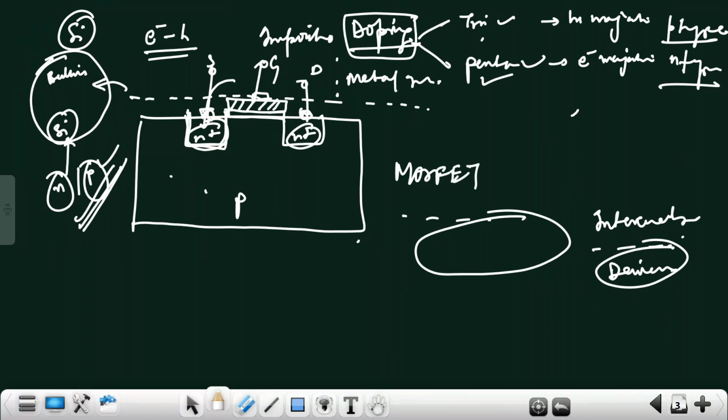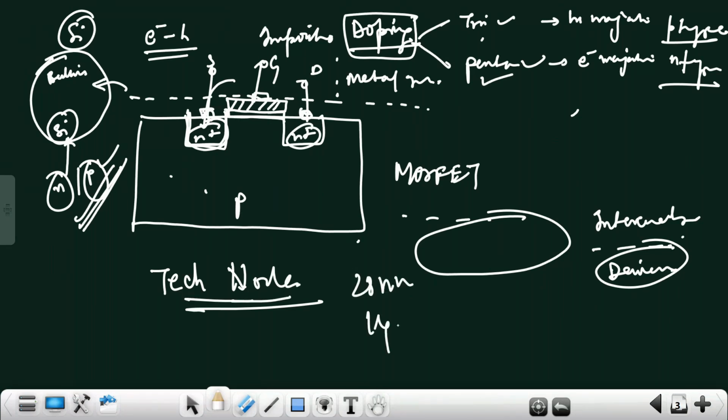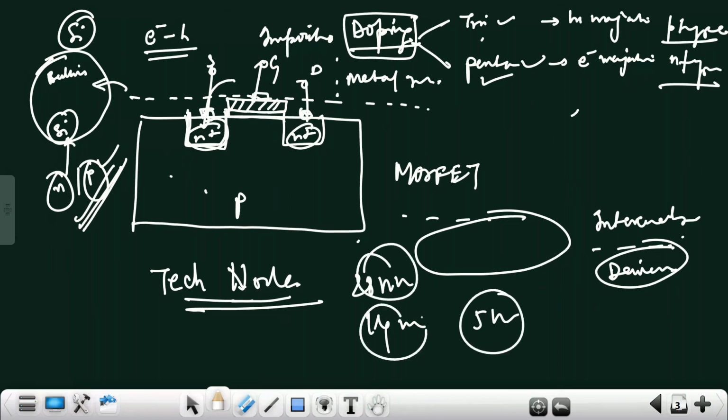Clear? Now, when we say MOSFET, you might have heard this term called tech node, technology node, right? What is technology node? When we say 28 nanometer, 14 nanometer, or 5 nanometer, what does this mean? Anyone? You might have heard many times, right?